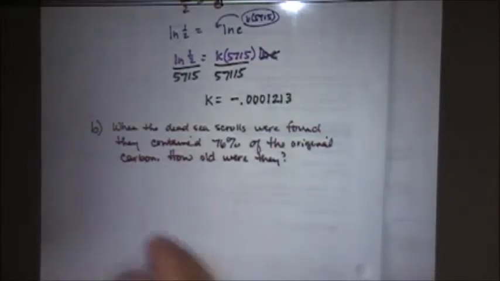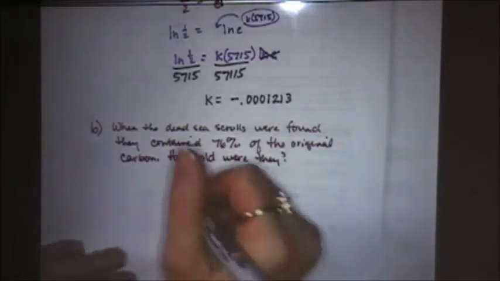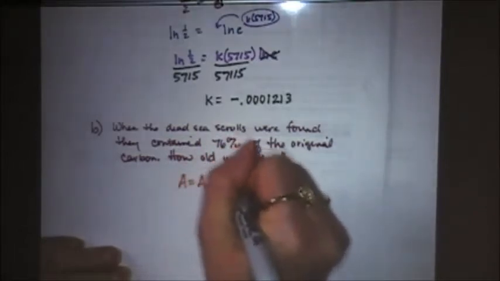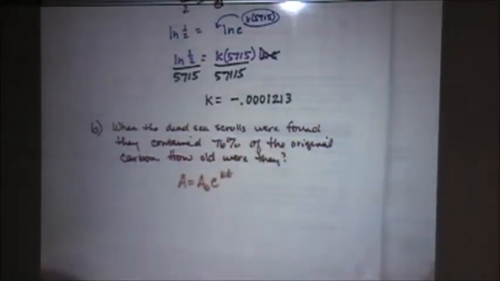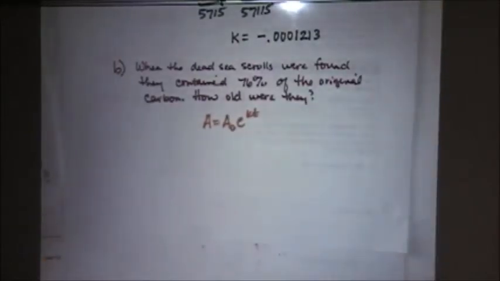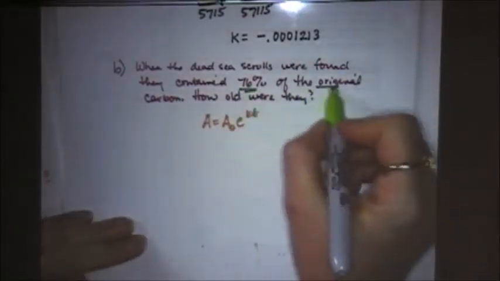So we're going to use the value that we just found, and again, we're going to use our exponential decay model. So A equals A-naught e to the kt. I now know k and I'm looking for t. In this case, again, they didn't give me the actual amounts, but they did tell me that it was 76% of the original.